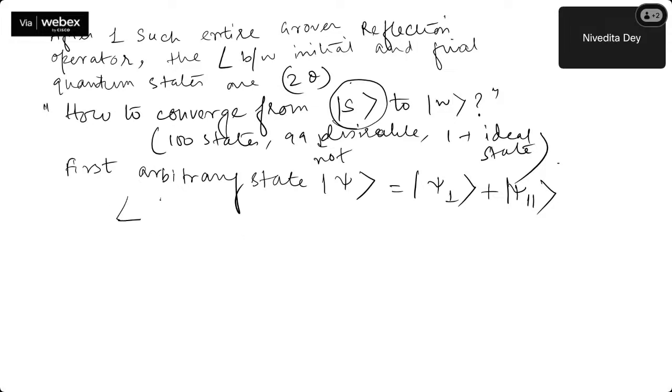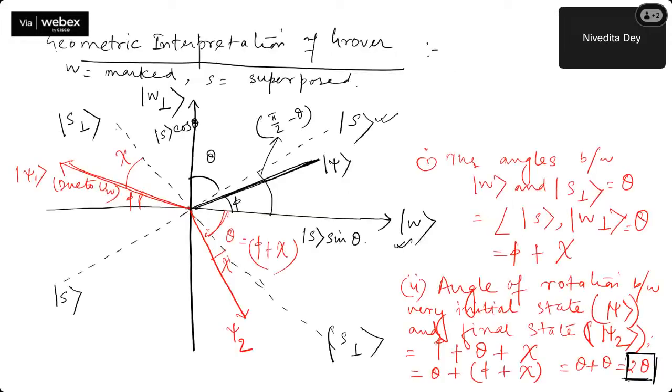The angle between S and W perpendicular was theta, and the angle between S and W, what was it? Just check S and W: it is pi by 2 minus theta.